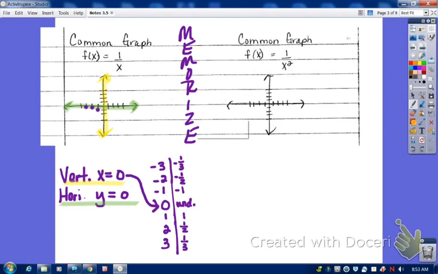How many asymptotes are there in this graph? We highlighted them, yellow and green. 2. Both of those asymptotes are your graph, this little piece that we're graphing. Our graph is going to approach the green asymptote, and our graph is going to approach the yellow asymptote.